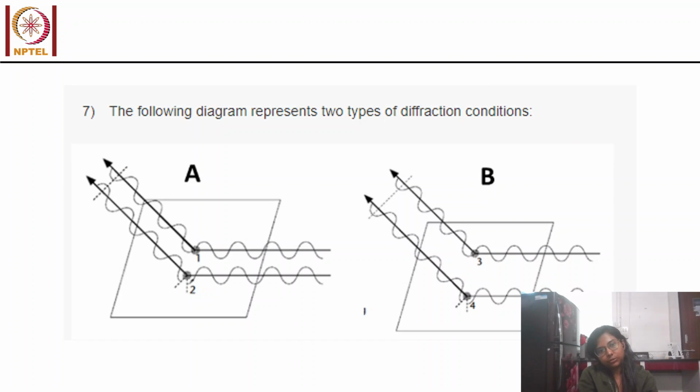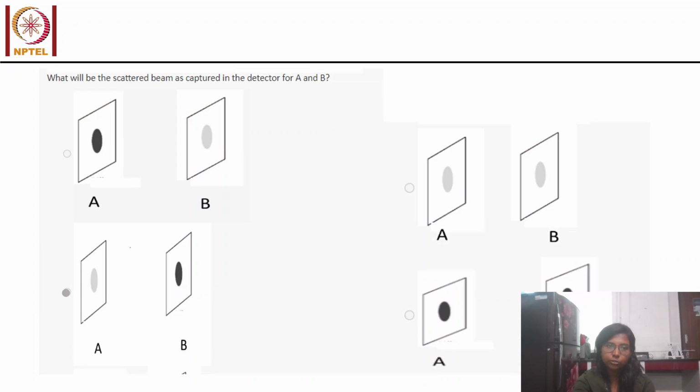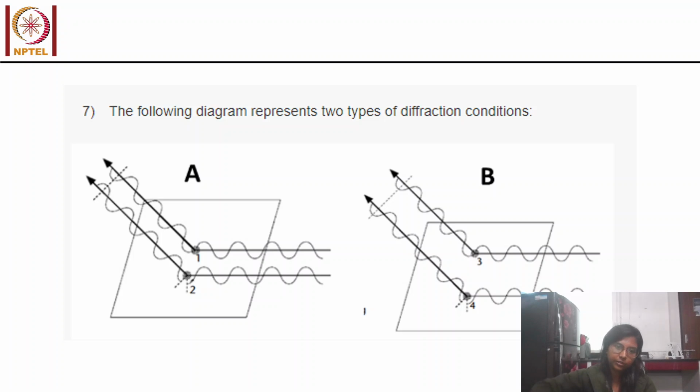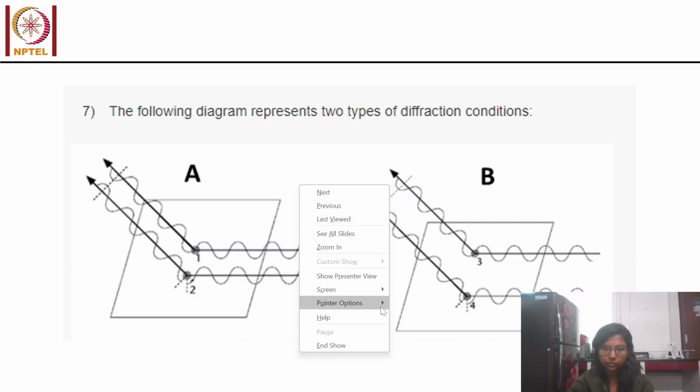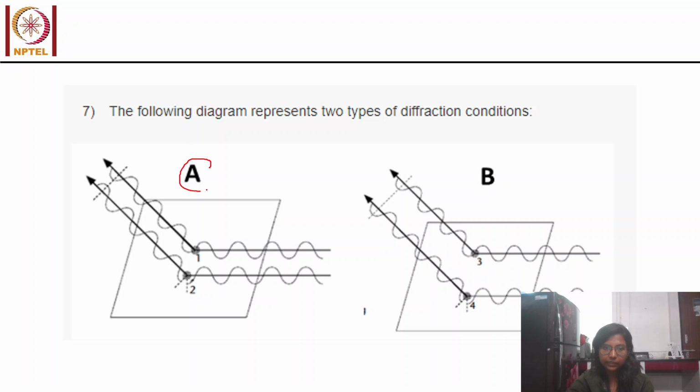Then this is also a very interesting question, that we have been given two diagrams A and B representing two types of diffraction conditions. Then what should be the scattered beam as captured in the detector for A and B? So for this, this is my case A and this is my case B. Here we have this wave.